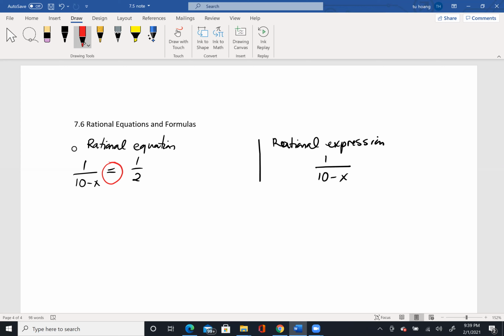That's why it's called an equation. And the rational expression just has one fraction, one rational term, and it doesn't have any equal sign. So that's the difference between the rational equation and rational expression.